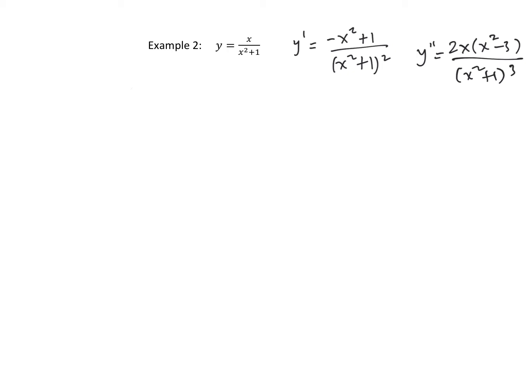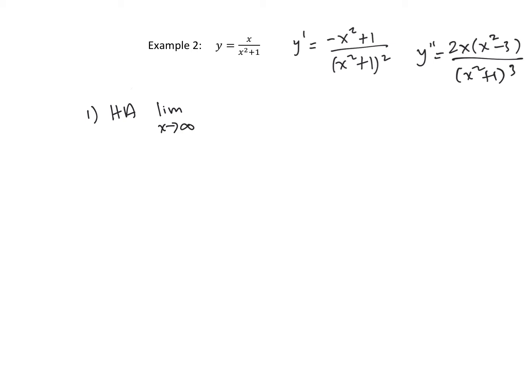Okay, so let's have a look at the things that we want to find. Let's look at our asymptotes. For our horizontal asymptote, remember that we can find the limiting value as x approaches infinity.